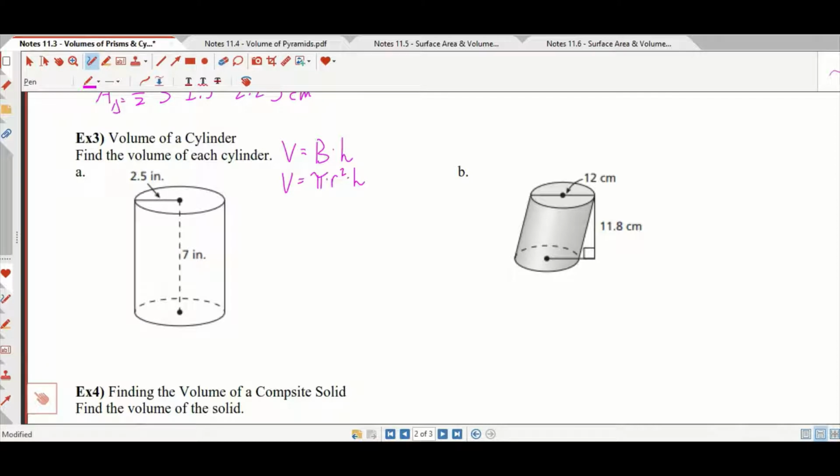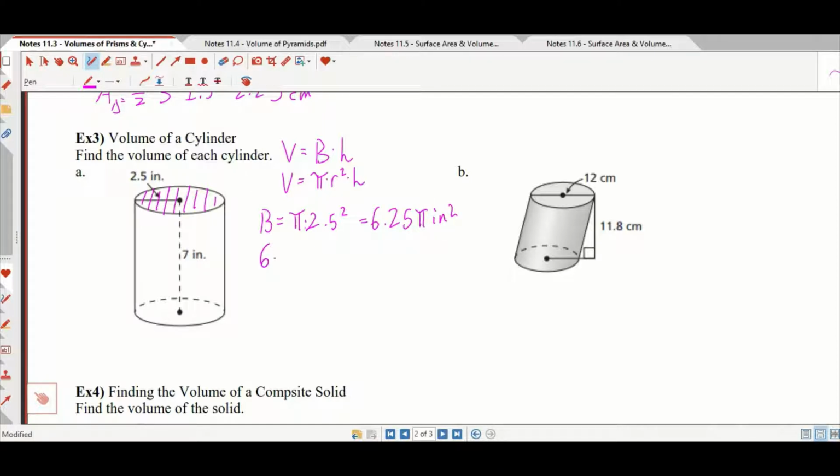So let's find the area of the base. It's 2.5 centimeters in radius. So the area of the base is equal to pi times 2.5 squared. And we're going to do this exactly first, which is 6.25 pi inches squared.